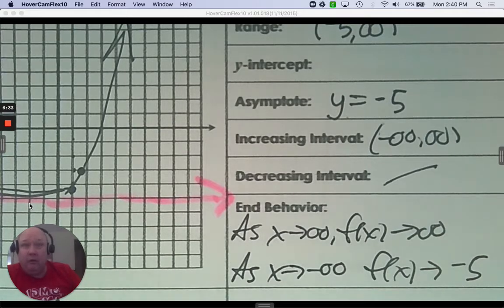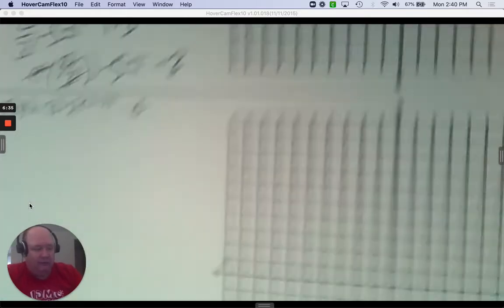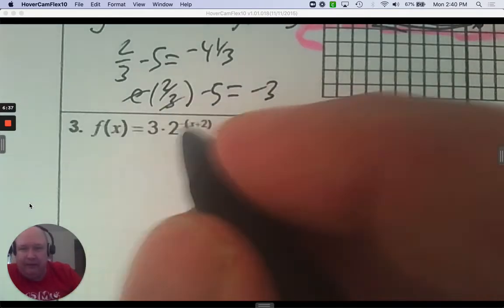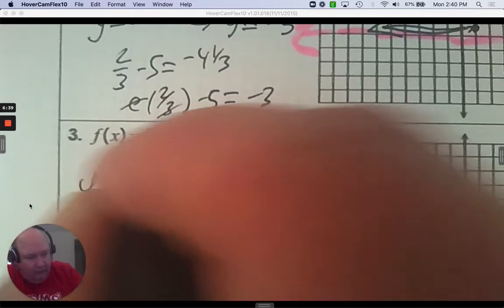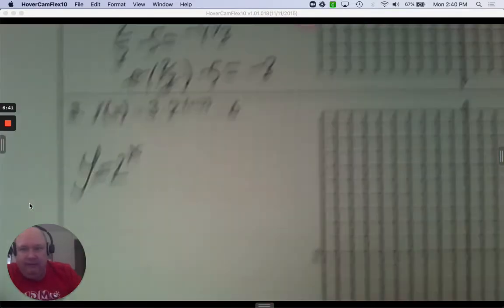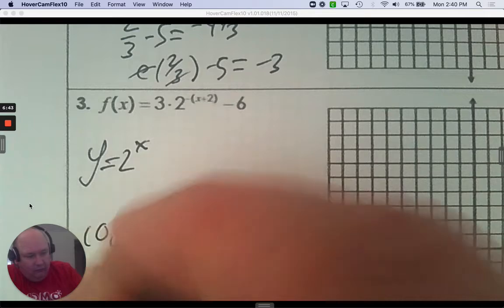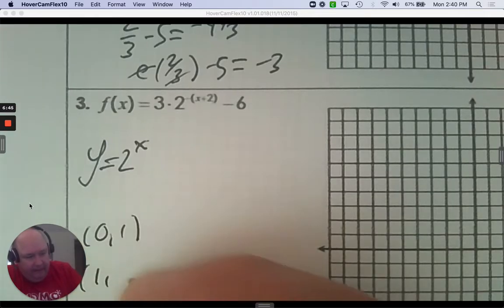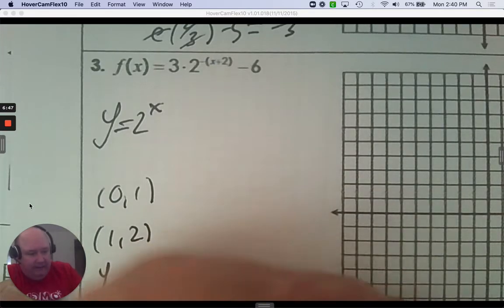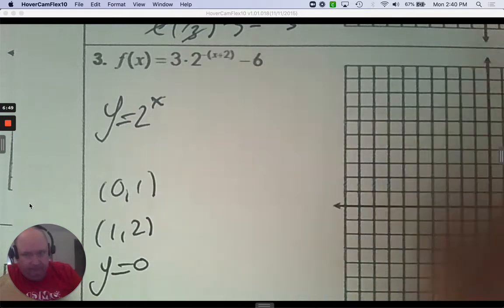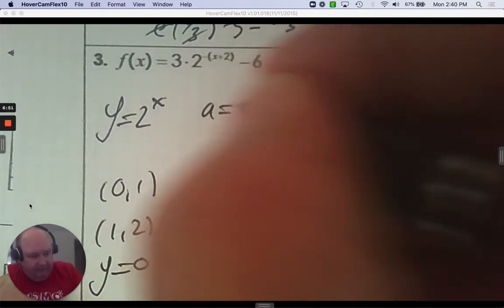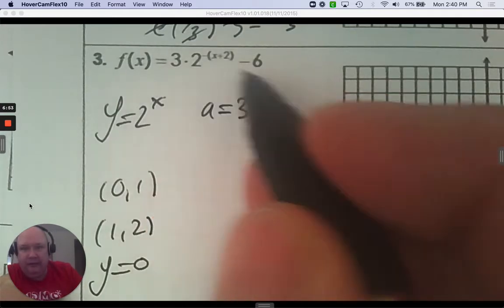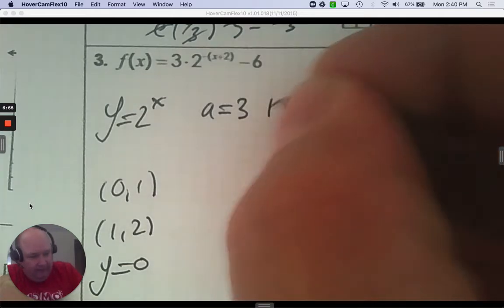All right, one more for graphing an exponential. So identify the parent function. That's y equals 2 to the x. 2 points on that are (0, 1), and (1, 2), and the asymptote at y equals 0. A is equal to 3, and k is -6.